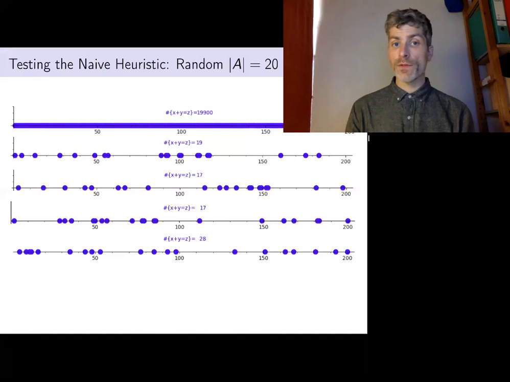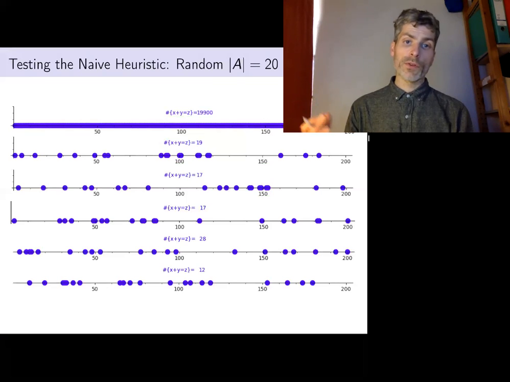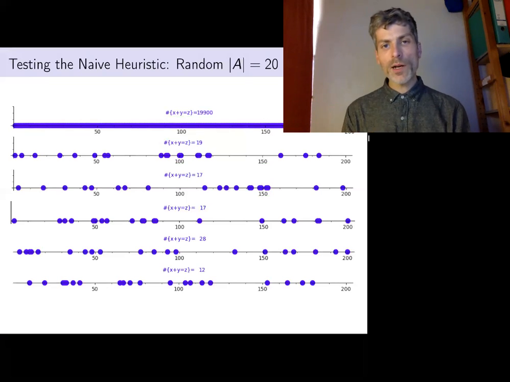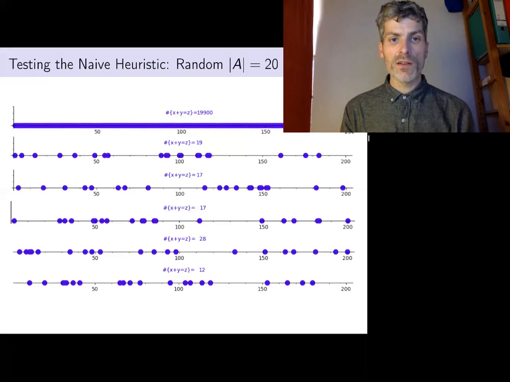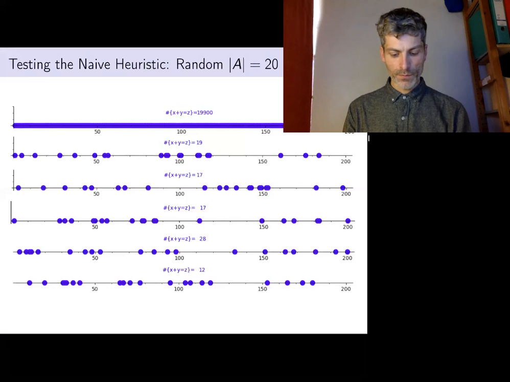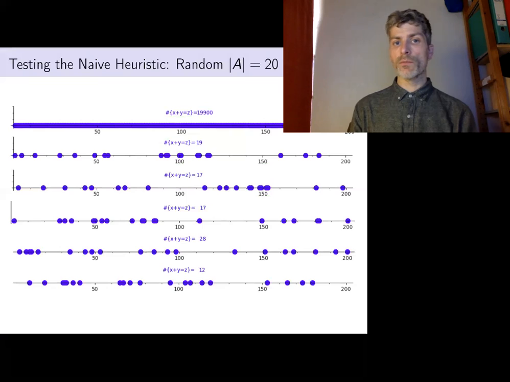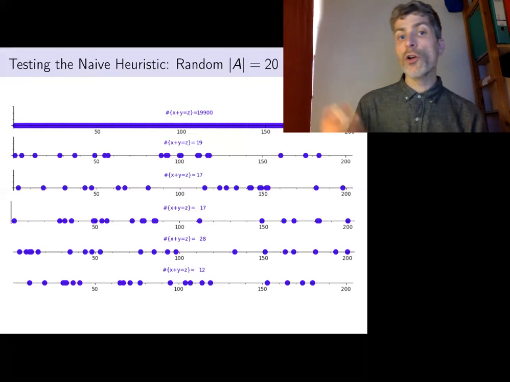So we're talking in orders of 10. Or you could have much fewer solutions, 12, but these random sets seem quite robust. You always get between 10 and 30 solutions to your equation in general. So it seems very unlikely that you get no solutions, and it seems very unlikely that you get 100 solutions.